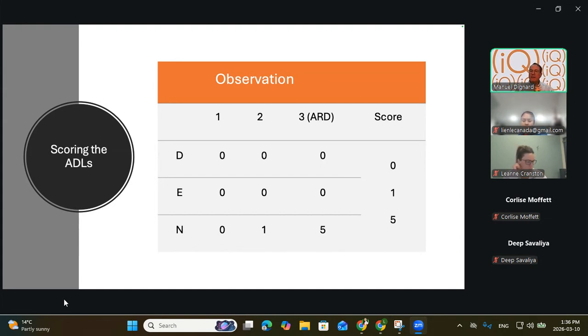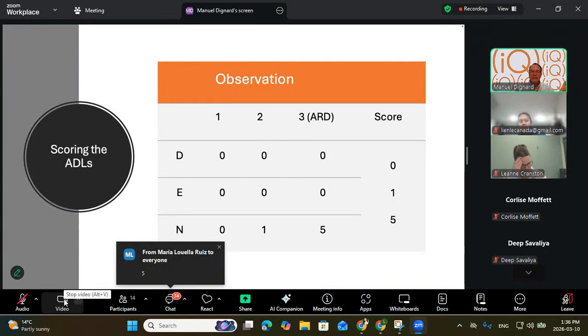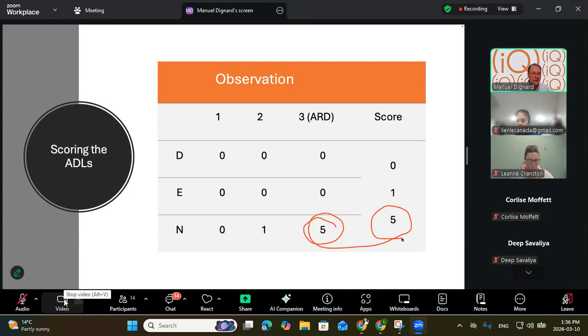Because as soon as you have something between a 2 and a 5, you're disqualified from getting a 0 and a 1. So they're going to look at all your events between 2 and 5 and code you the least dependent. Now there's only one of them, so that makes this one pretty straightforward. You only have the one, so you're going to end up with a 5 on this one.